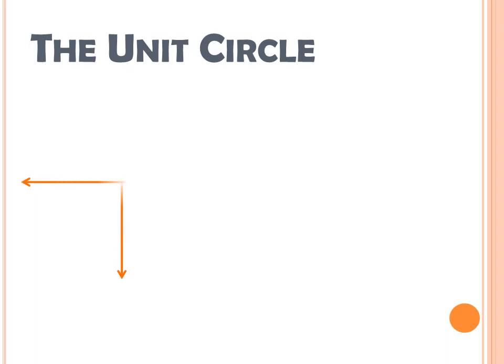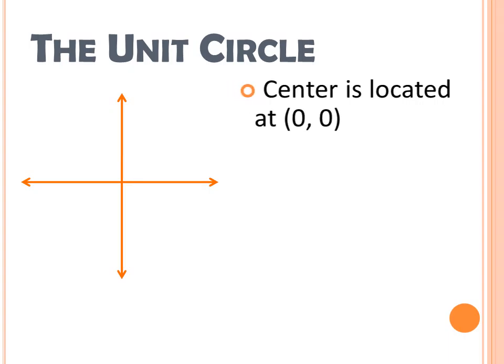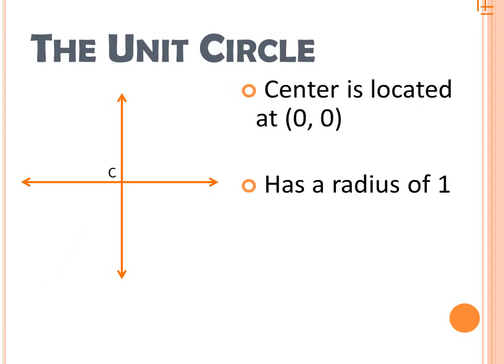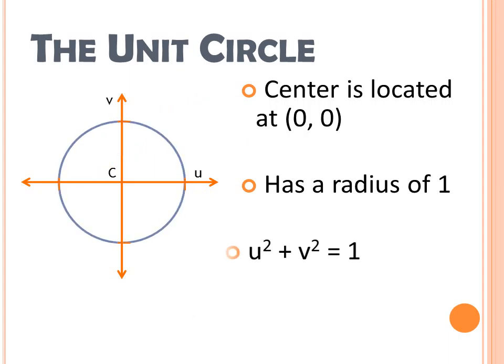By the unit circle, we mean that the center is located at (0, 0) and has a radius of 1. The equation representing this circle is u squared plus v squared equals 1.